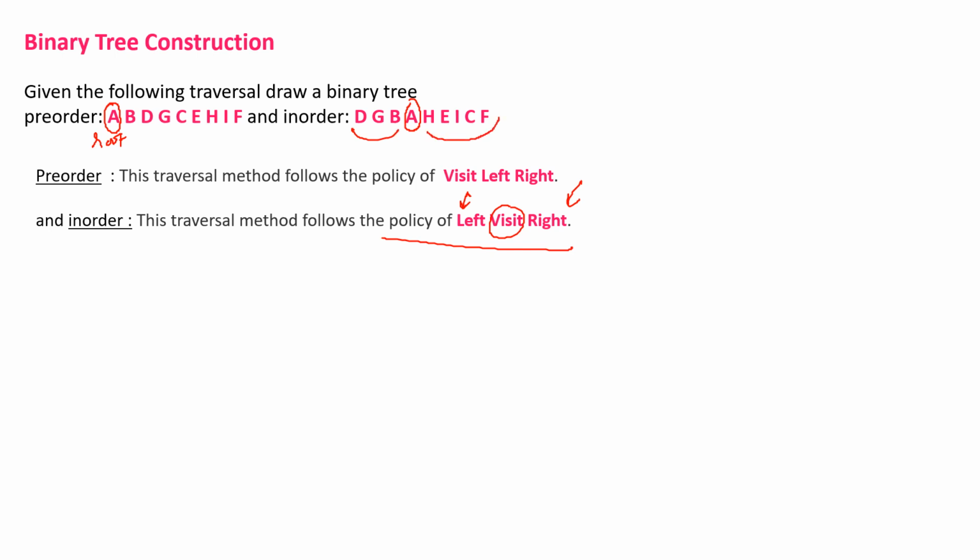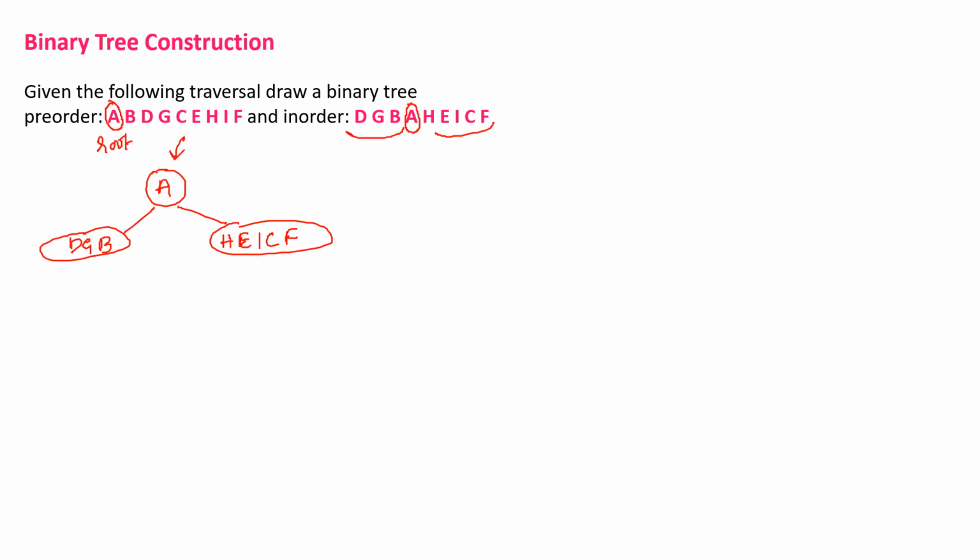So preorder helps us to identify the root node, and inorder helps us to identify the nodes in the left subtree and the right subtree, which will help us to construct the tree easily. So now we know that A is the root node, and these are the nodes in the left subtree, and these are the nodes in the right subtree.